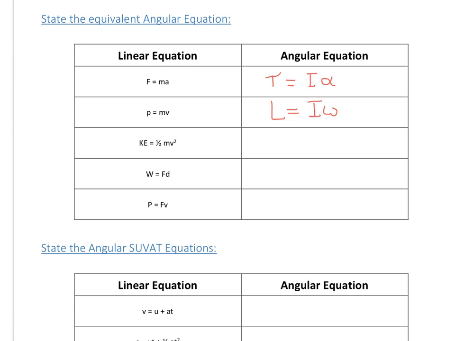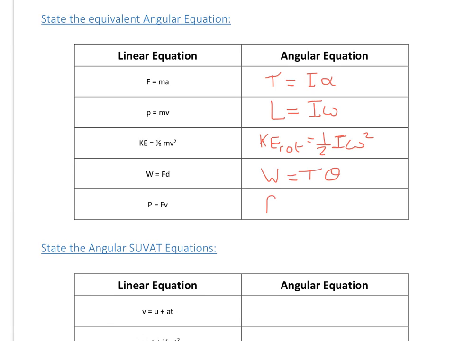To get the rotational kinetic energy, we're following a similar pattern. Anytime you see mass, you replace it with moment of inertia. Anytime you see v, you replace it with omega, or angular velocity. To calculate the angular work done, it's going to be the torque times the angular displacement.